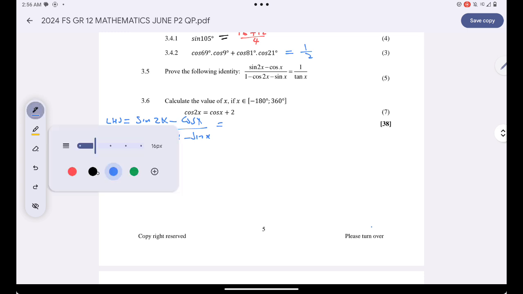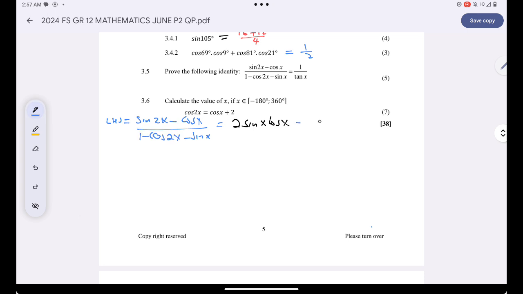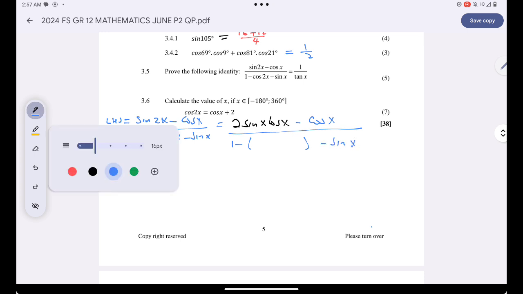There's only one double angle identity for sine, so let me just change it to 2 sine x cos x minus cos x all over 1 minus. Since I have a 1 in front, guys, I must change my double angle to the one that will eliminate this one. Are you together?